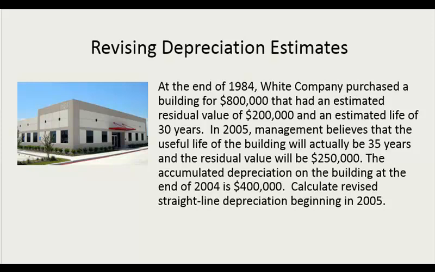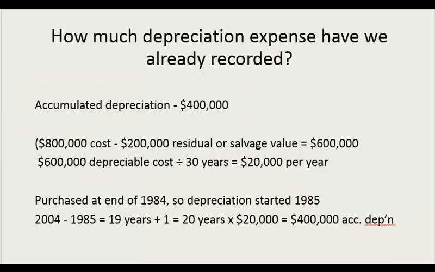So since management revised the estimates in 2005, we're going to leave everything alone from before that and only revise the depreciation for 2005 and going forward. So the first step is we need to figure out how much depreciation expense has already been recorded. And that amount is actually given to us in the problem.